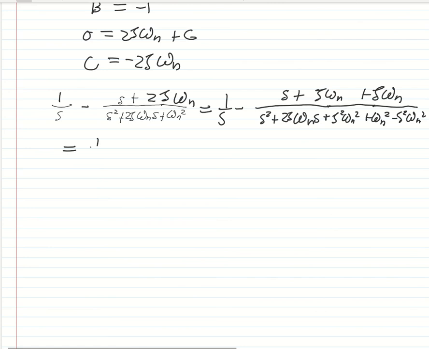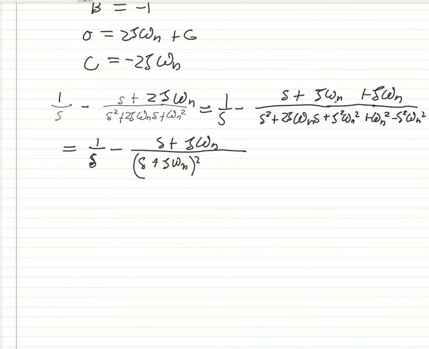So this will be 1 over s minus s plus zeta omega n divided by, we can now factor out the denominator, because this is now a perfect trinomial. So this will be s plus zeta omega n squared.